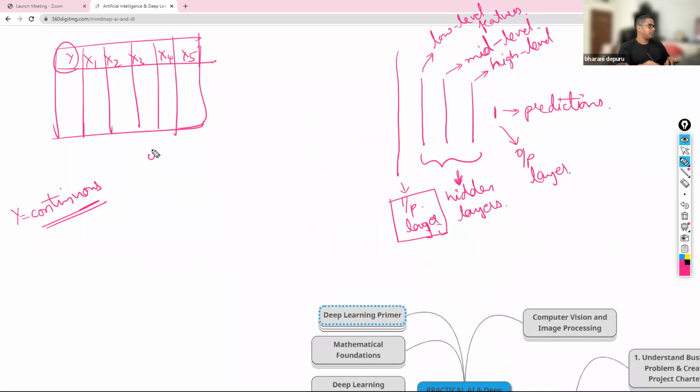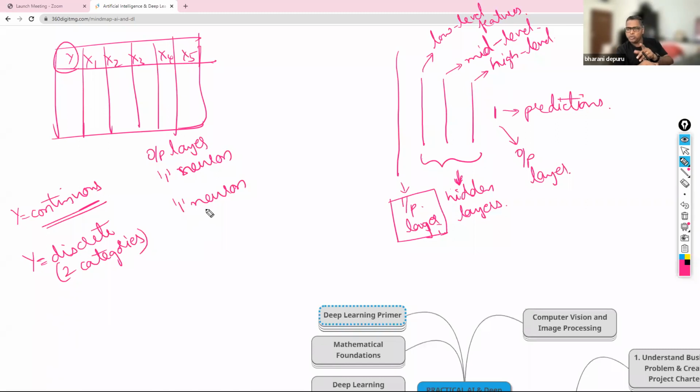If your output variable is discrete, categorical, with 2 categories, then also you would have a single neuron. Sometimes people also have 2 neurons, but assume that you have a single neuron.